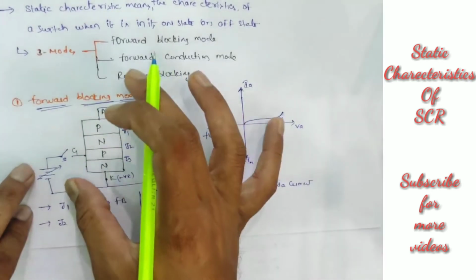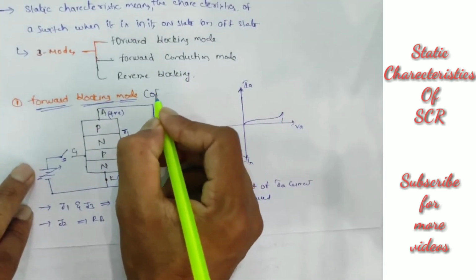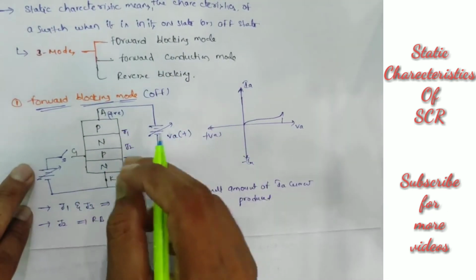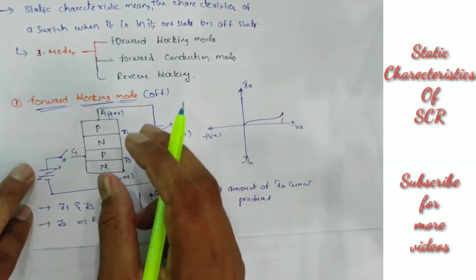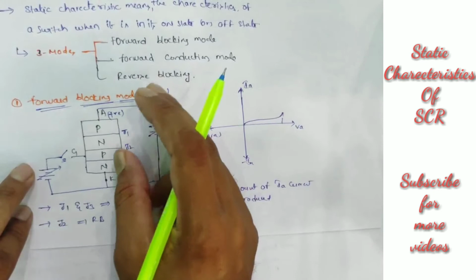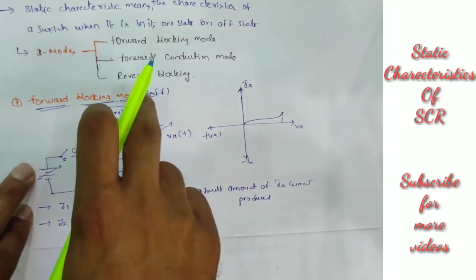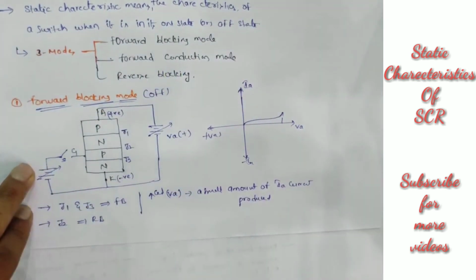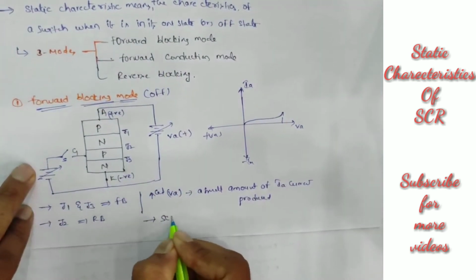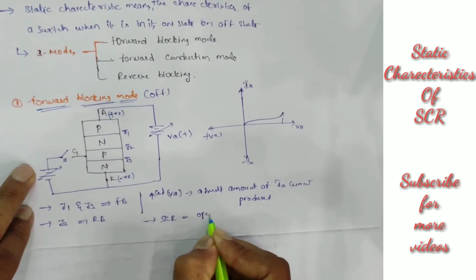In this forward blocking mode, the SCR is in the off state only because we are not getting the required IA current. In this case, the SCR is treated as an open switch.